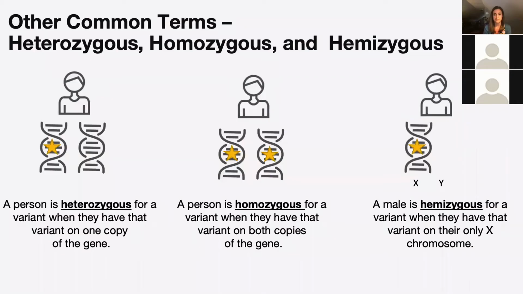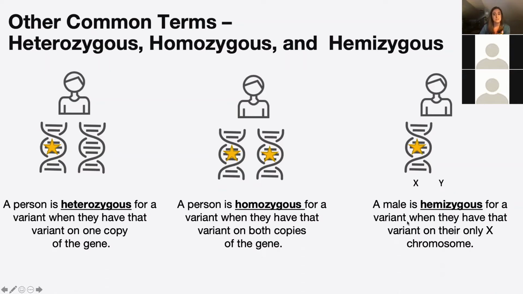The words heterozygous, homozygous, and hemizygous, which you might see on your or your child's report, tell us about the specific patient that was tested. It tells us if the variant was found on one copy or both copies of the gene. So heterozygous is used to describe a person who has the variant on one copy of their gene. Homozygous is used when the patient has the variant on both copies of their gene.